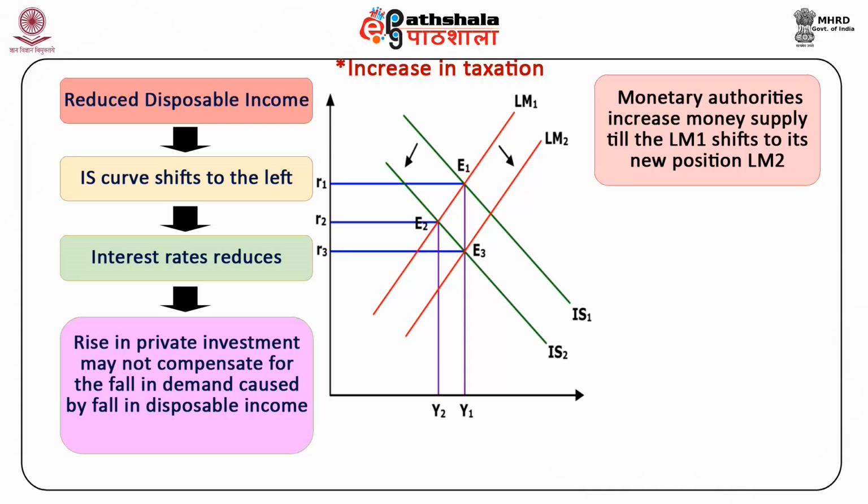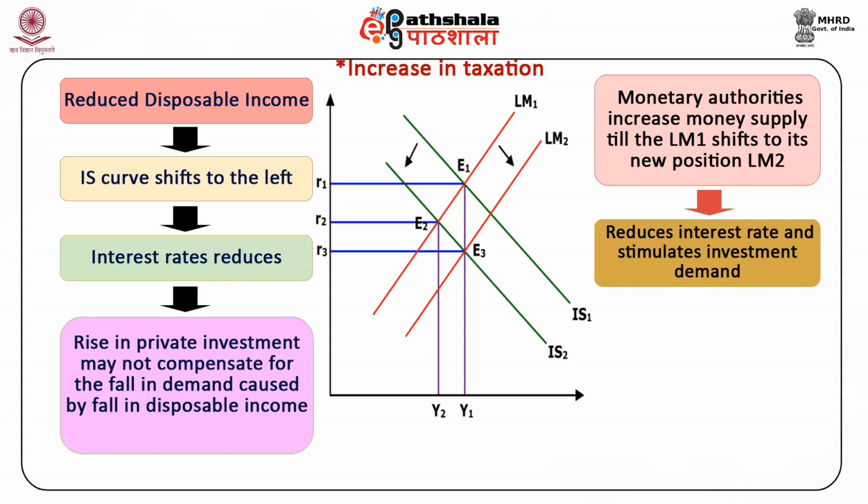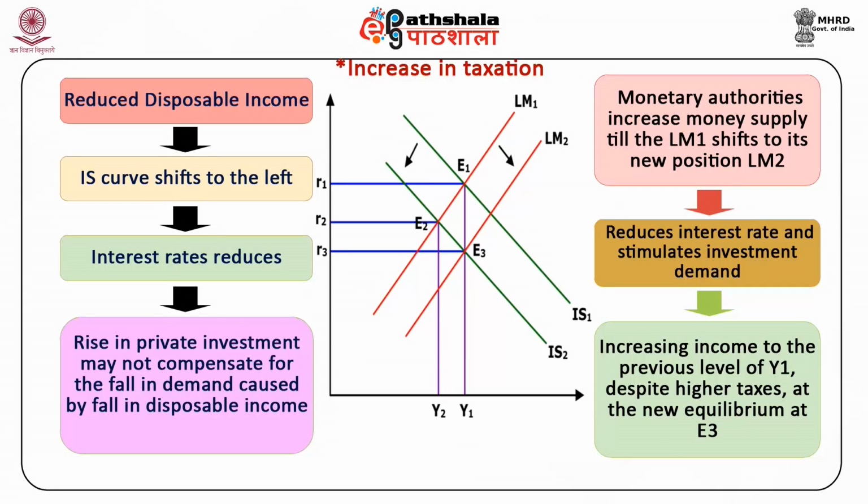The accommodating monetary expansion reduces interest rate and stimulates investment demand further, thereby increasing income to the previous level of Y1 despite higher taxes at the new equilibrium at E3. The two cases that we discussed illustrate how a mix of monetary and fiscal policies may be used to attain certain objectives.